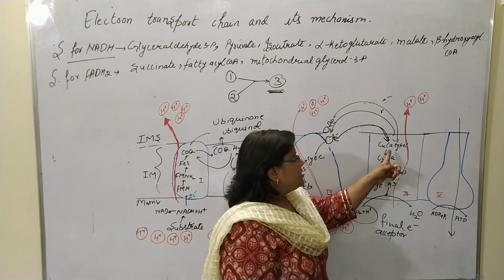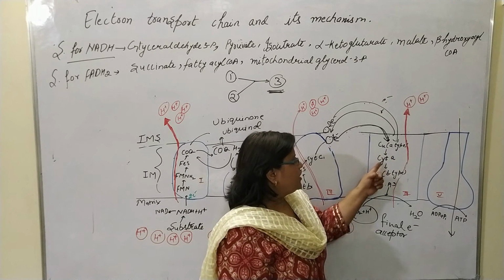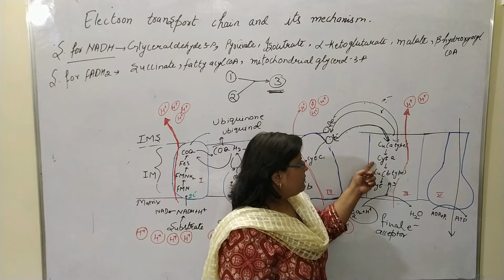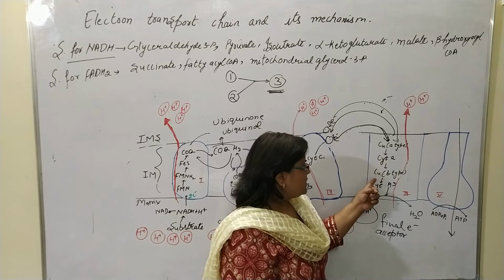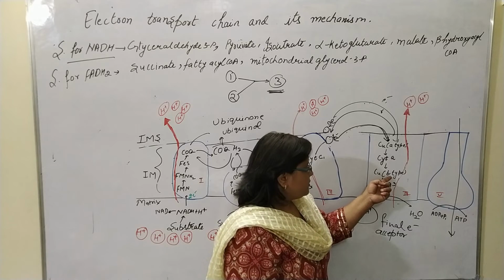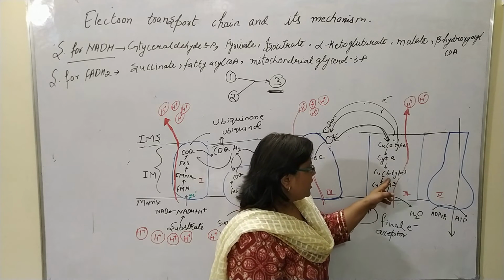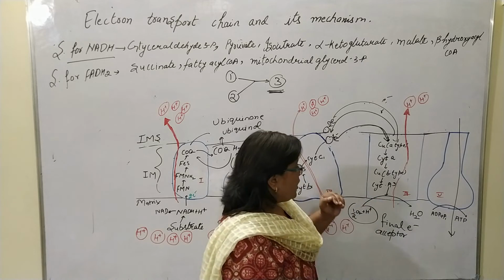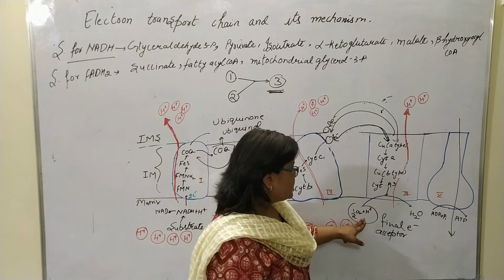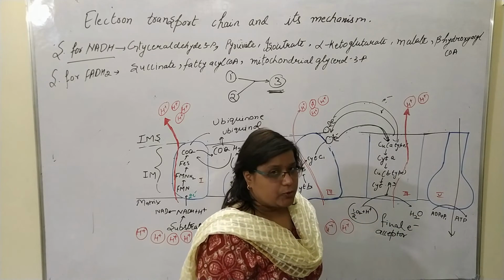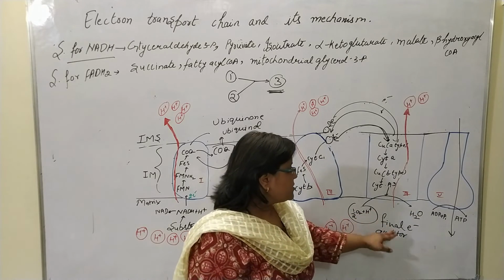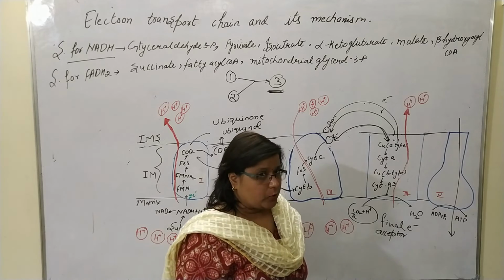The copper ion takes its electron and gives it to cytochrome A, then the electron is transferred to cytochrome B type and cytochrome A3 type. In this process the final electron acceptor is oxygen, and oxygen is reduced into water, H2O.